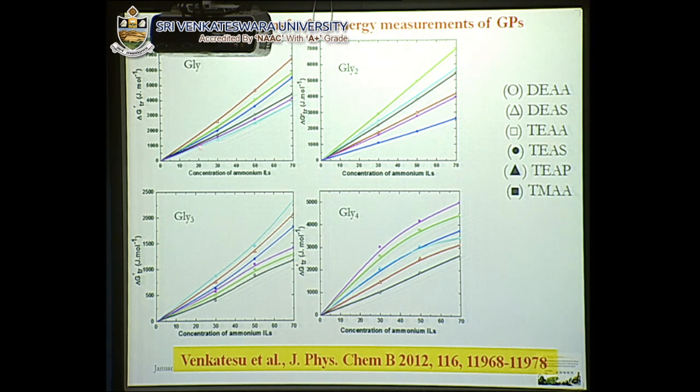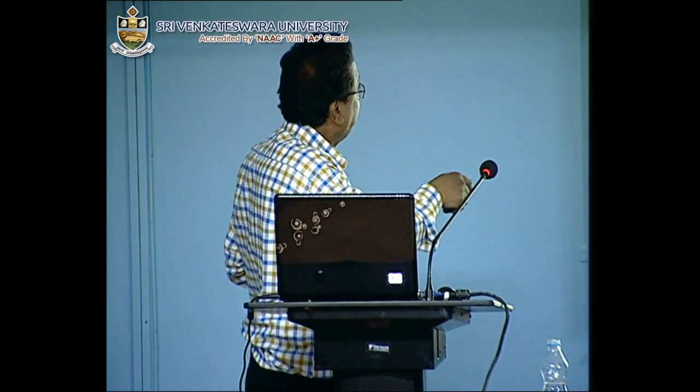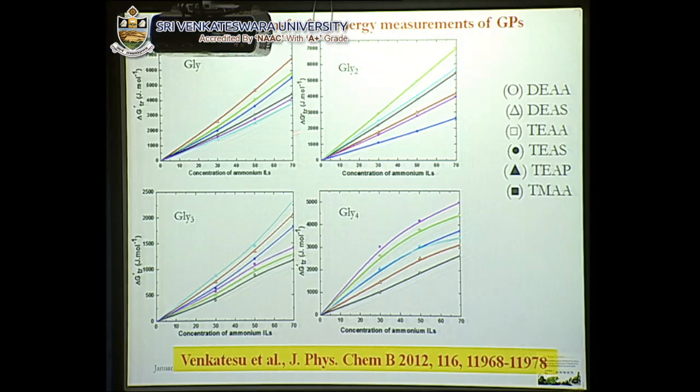This slide shows clearly that the free energy changes increase with increasing ionic liquid concentration. In all four cases, we observe similar trends. In the introduction, I mentioned that when free energies are increasing, the protein is in the folded state. So this concludes that these simple amino acids are in the folded form in the presence of these ionic liquids.